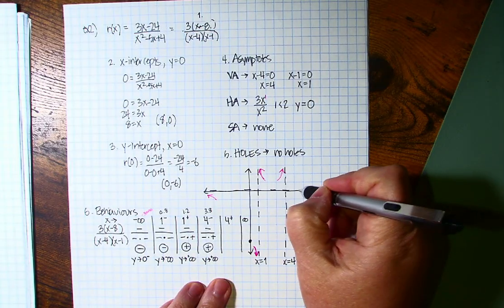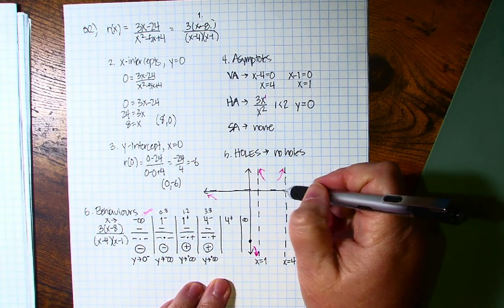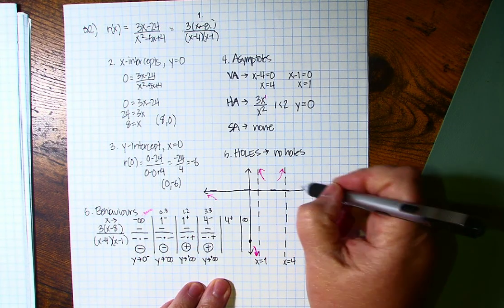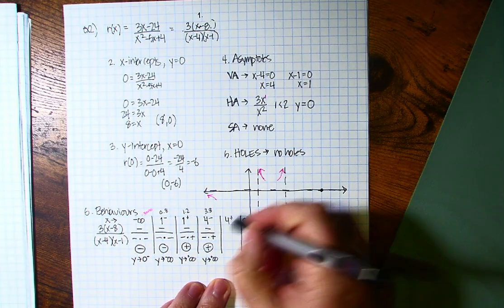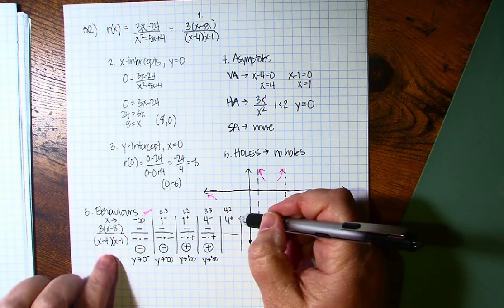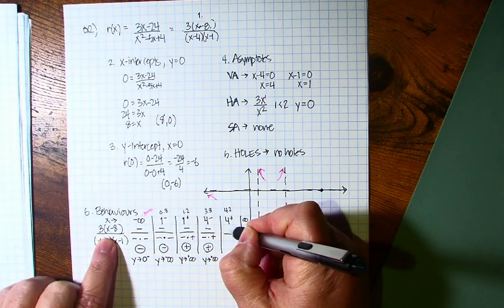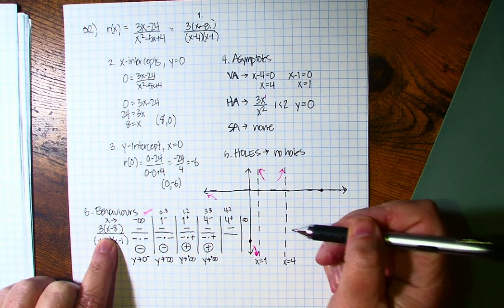As we approach 4 from the right, I feel like I said right when I should have said left. As we approach 4 from the right, we'll need a number a little bit bigger than 4, like a 4.2. So 4.2 minus 8 is negative, times the 3 is still negative.